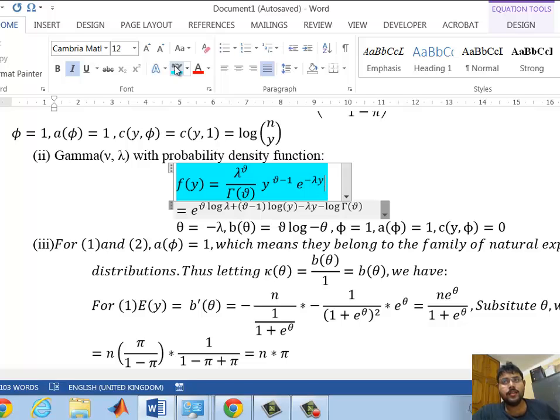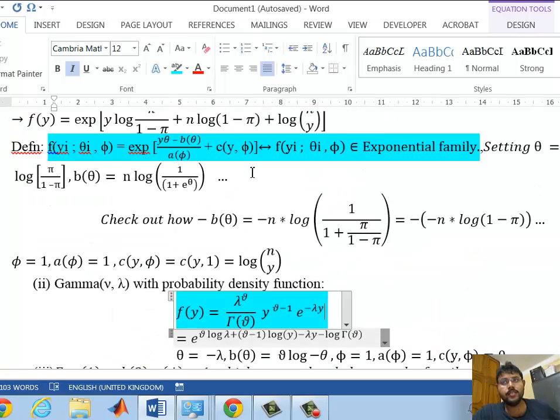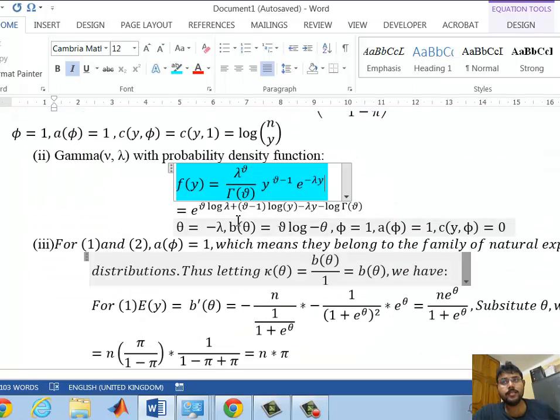Again, I do take logs to separate these terms out, which gives me alpha into log of lambda plus alpha minus 1 into log of y, minus lambda y, minus log of gamma of alpha.